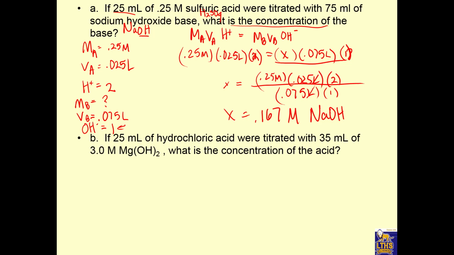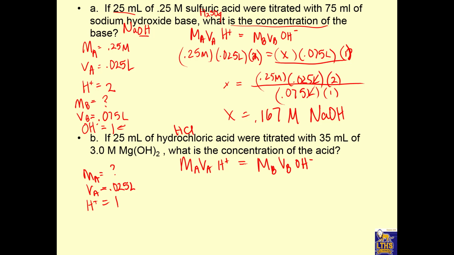What about this one? Well, again, it's the formula. The molarity of the acid is, we don't know. The volume of the acid is 0.025 liters. And the number of H's in the acid is 1. Molarity of the base is 3 molar. Volume of the base is 0.035 liters.